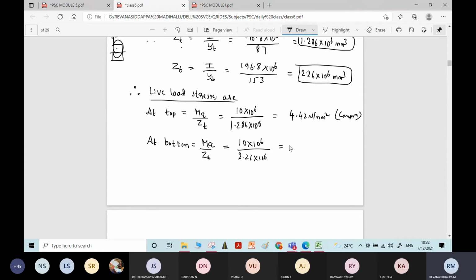Here, at bottom, 7.77 Newton per mm square, and tension it is. Okay, write the figure. 7.77 and 4.42.